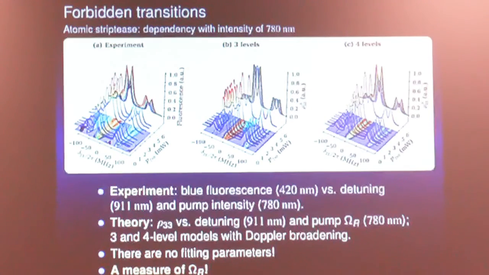And we also know that by measuring the separation of these peaks, of these doublets that appear in the center here, we have a way of measuring the real Rabi frequency of the first step of the transition. So this is the work that we have been doing with forbidden transitions.